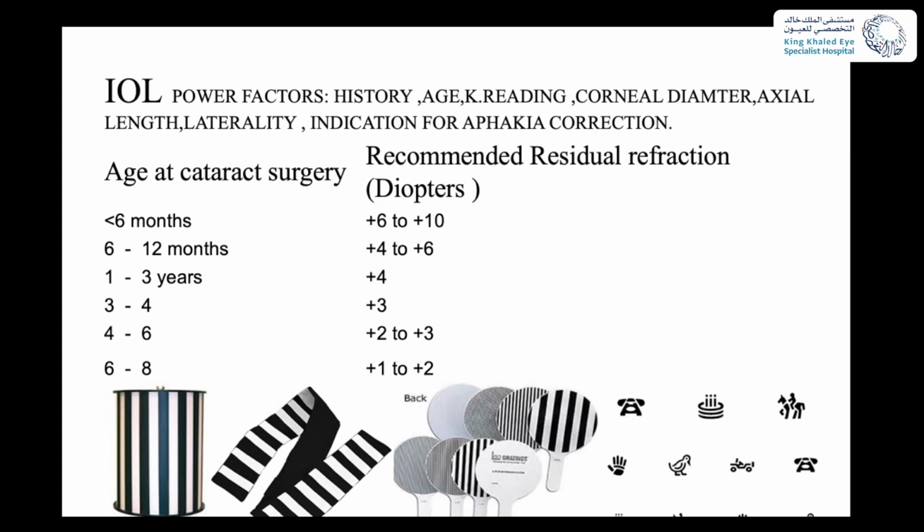One of the important things for unilateral cataract, either due to trauma or developmental cataract, is to do refraction for the contralateral eye and know the refraction. If the refraction in the contralateral eye is acceptable, let's say -2 or +2, it's okay to make this child emmetropic, or try to make his refraction after surgery similar to the contralateral eye.